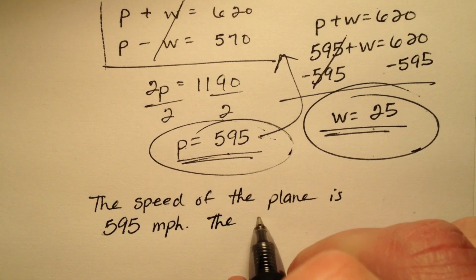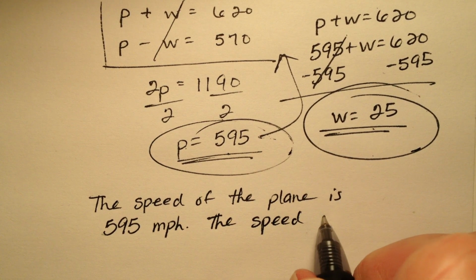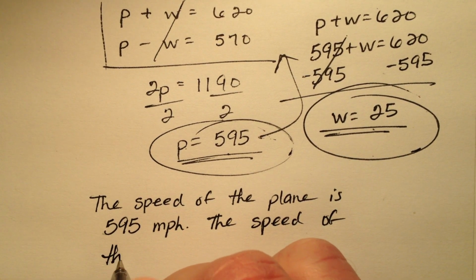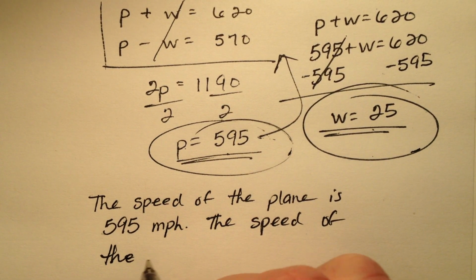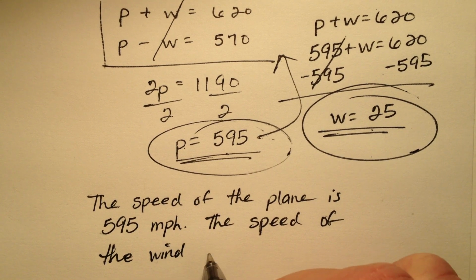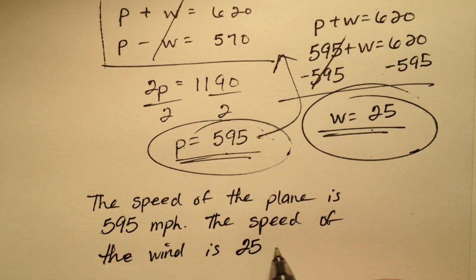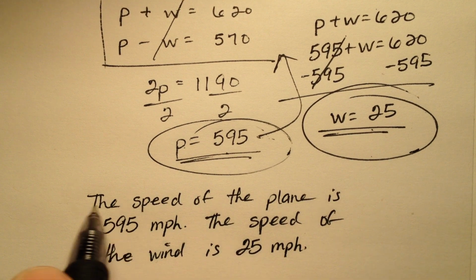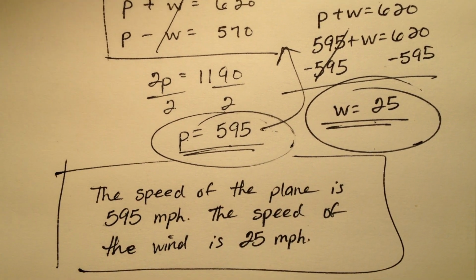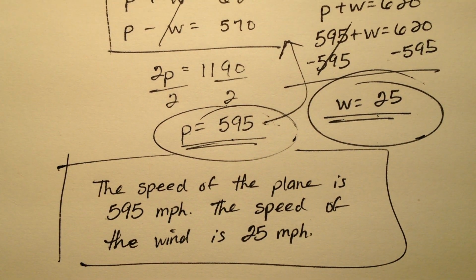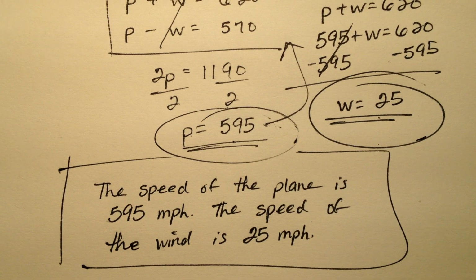And the speed of the wind, because that's our W, is 25 miles per hour. So here's our sentence then that summarizes the situation and what we've got going on.